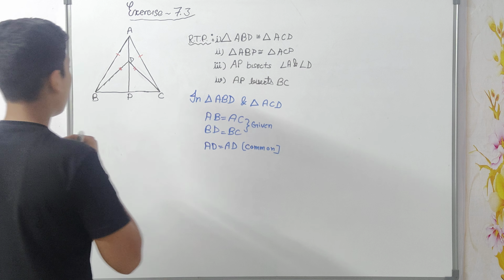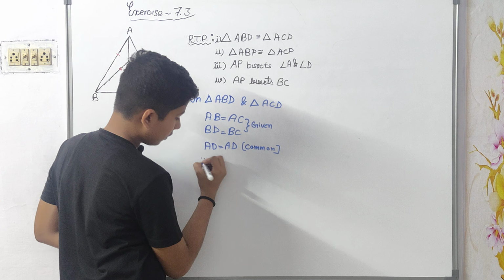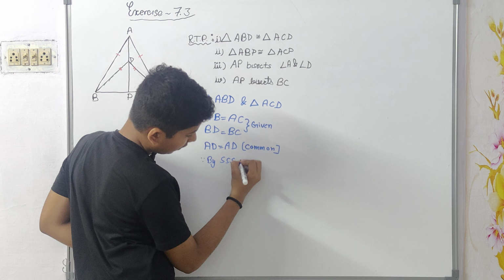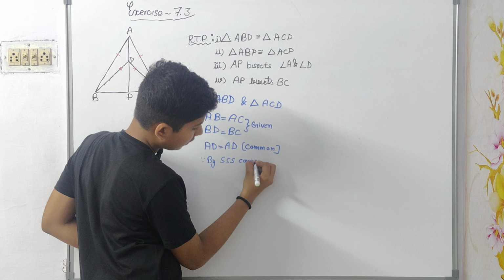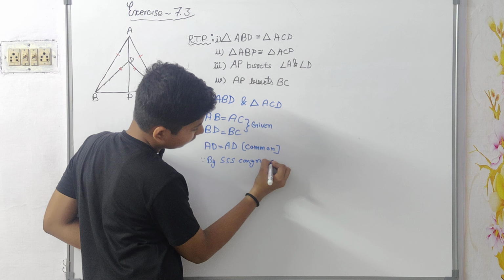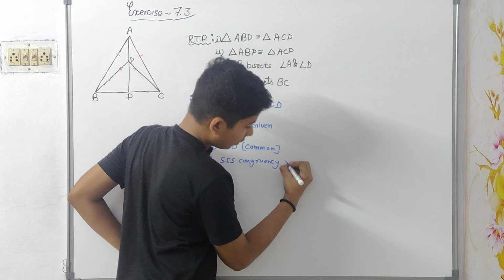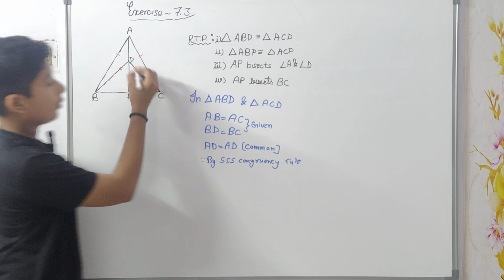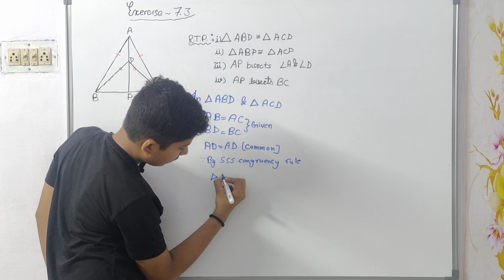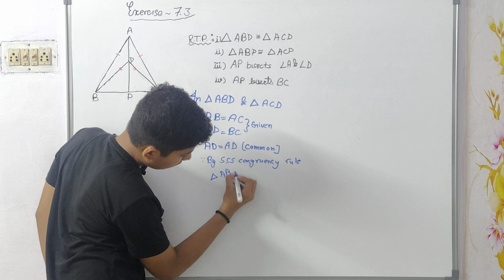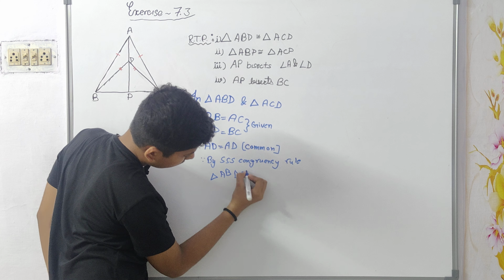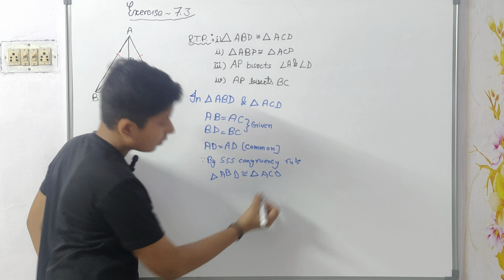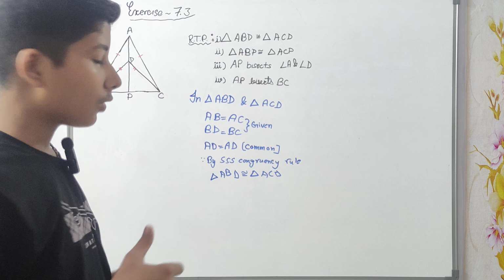So now, therefore by SSS congruency rule, this triangle means ABD congruent to ACD. So ABD congruent to ACD.